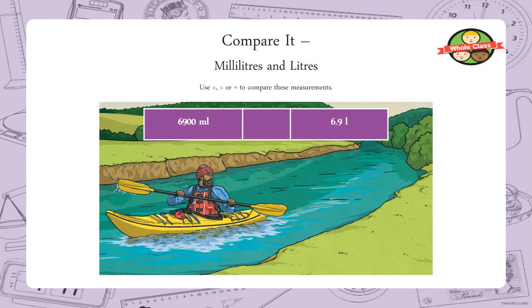Let's convert 6.9 liter to milliliters. 6.9 multiply 1000. I shift the decimal point 3 digits to the right. So this gives me 6900. So both measurements are equal. Good. So here we use the equal sign.